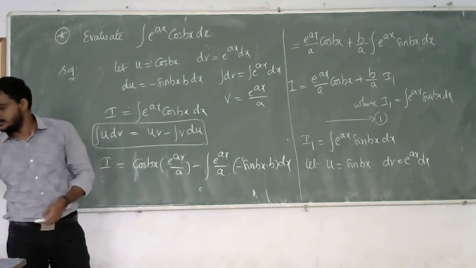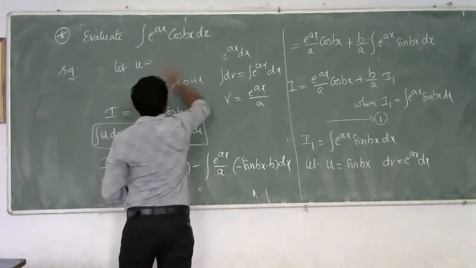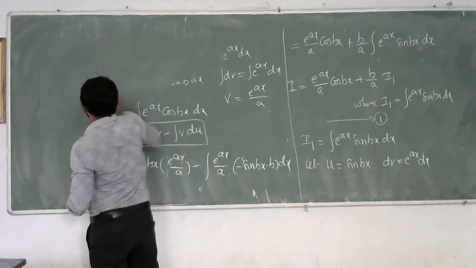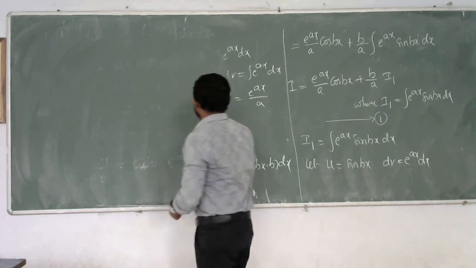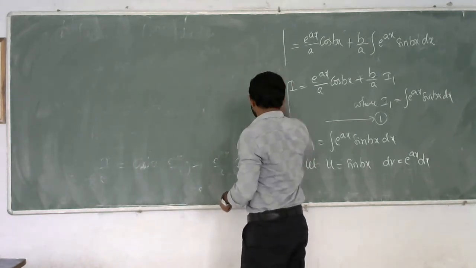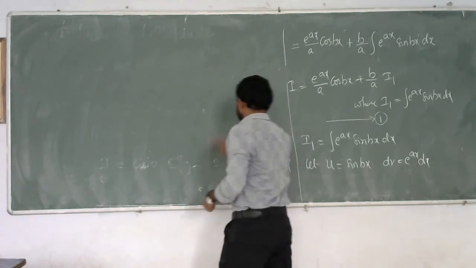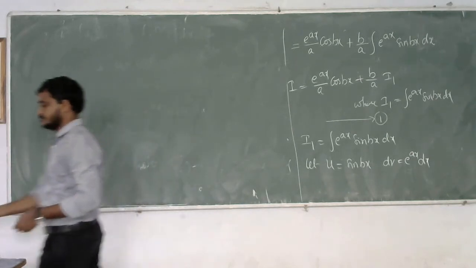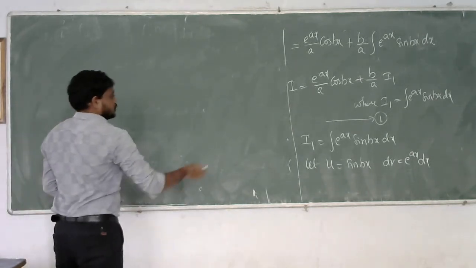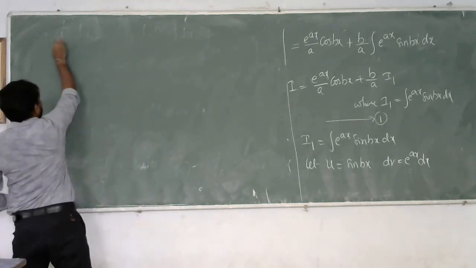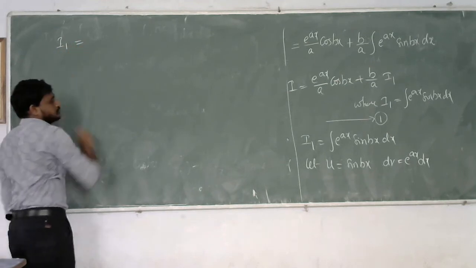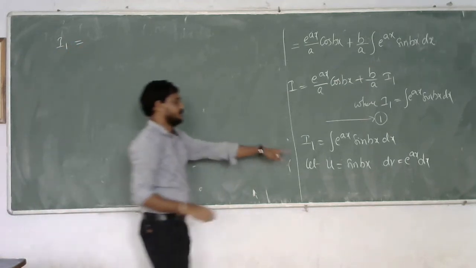Similarly, we have to solve this. So integral I1 becomes, which is in the form of integral u dv.